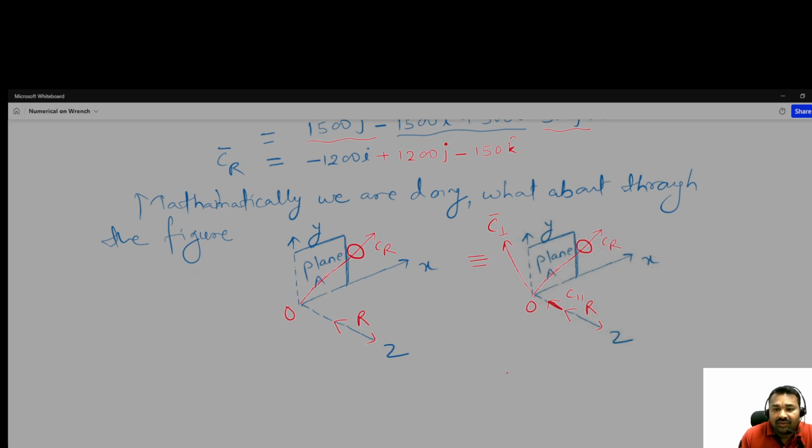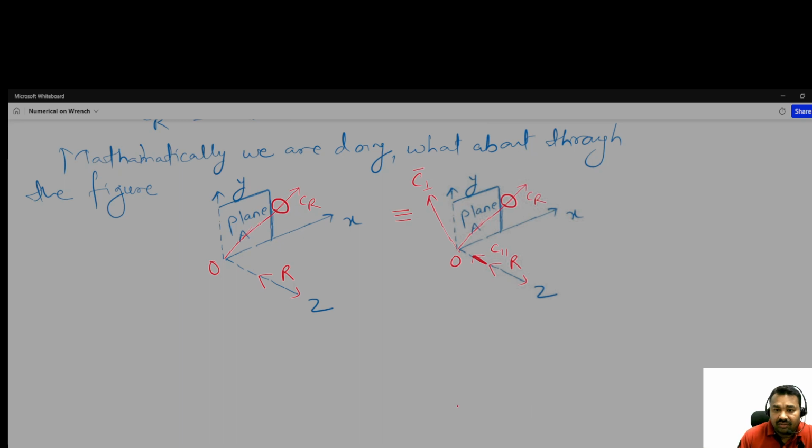Okay, so what is C perpendicular? There are two components of CR. One is perpendicular to the resultant, and the second component is parallel to the resultant.